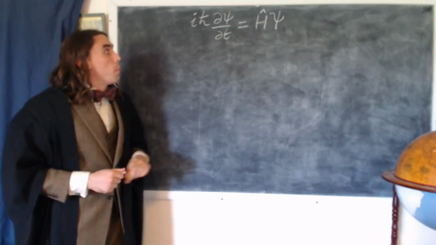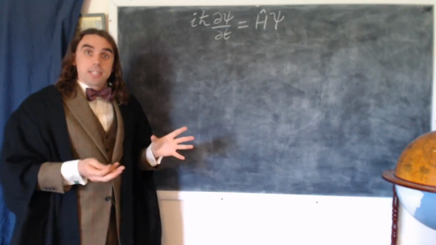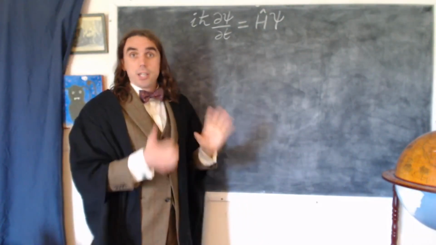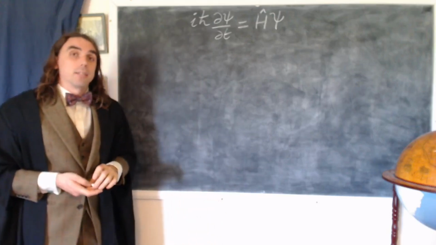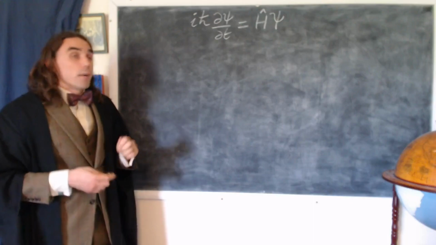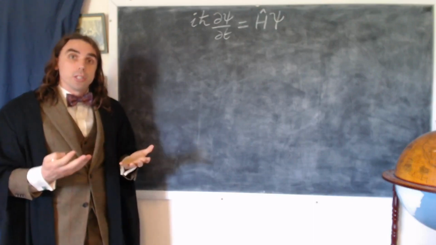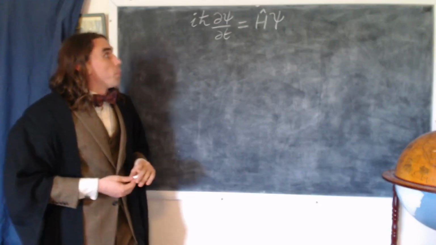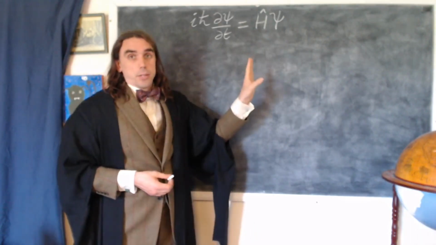So it's a mathematical redundancy built into the wave function that it has this global phase, which can be changed arbitrarily. But the relative phase between two different wave functions is important, and we will see that later on in the course. But for now there is this redundancy built into it.